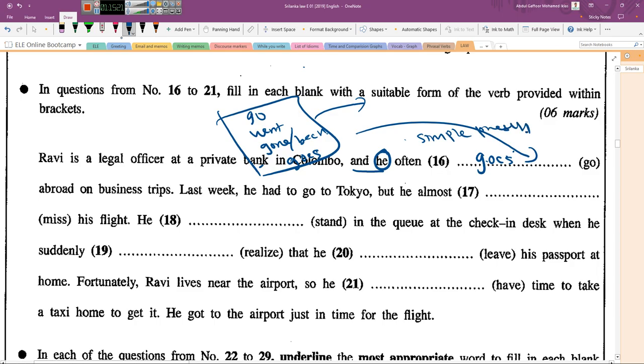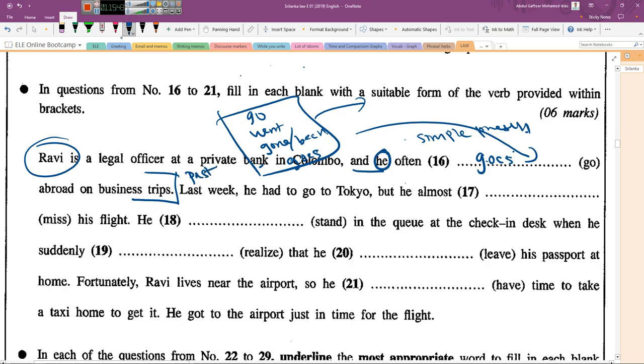Last week he had to go to Tokyo, but he almost. Now you see here, so far we have discussed the regular action of Ravi, but now we are going to discuss a particular scenario that happened last week. So this is a past event, so we will use past tenses, right?